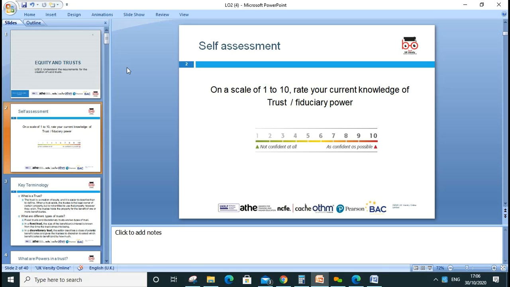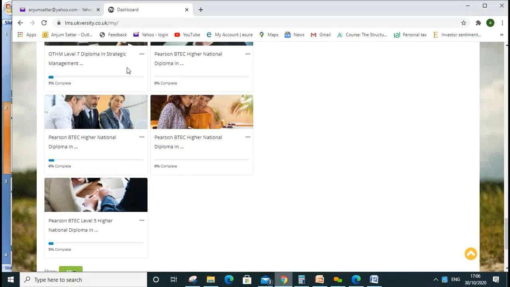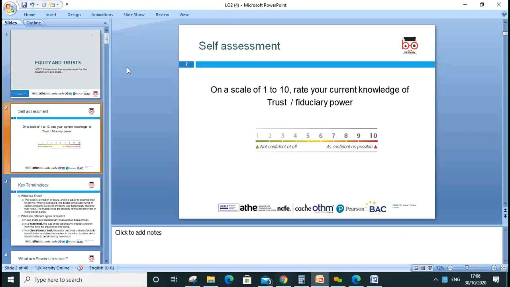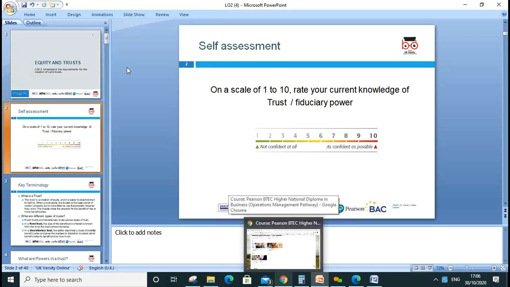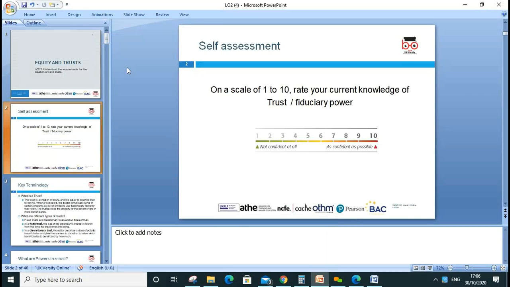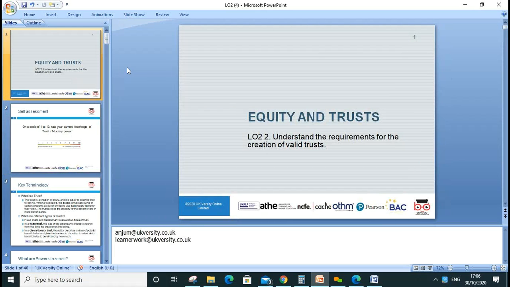Is it between 5, 6, 7? Currently 5, okay, in between. We'll see you at the end of the lesson. Is it something like we use the word trustee who looks after the property? Yes, related to that, we will go through it, all of which is right. Okay, understand now.